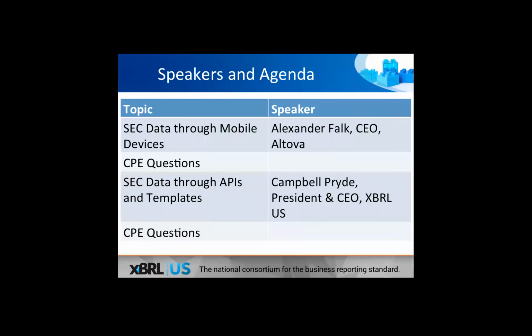And before Morgan Stanley, he was a partner at KPMG. Campbell is going to take us through how to access SEC data through some APIs and templates that we have made freely available to use. After that, we'll be covering some additional CPE questions and then closing out the program.